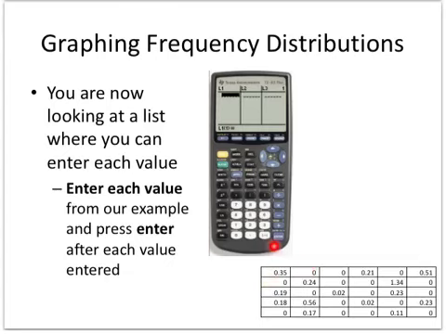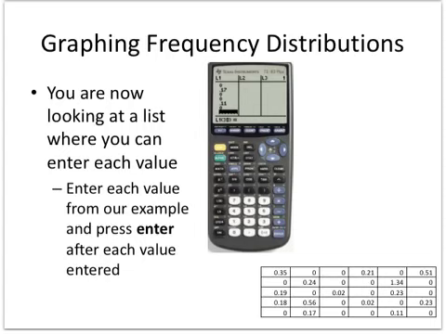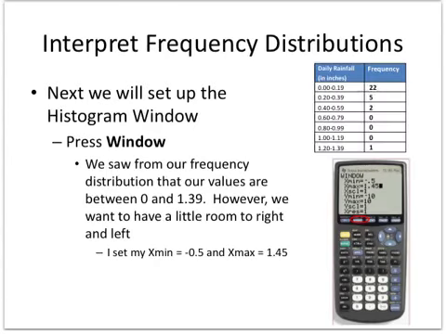I enter 0, press enter, 0, press enter. Enter the zeros in there as well. When you get to the very last value, notice that this is my 0.11 and 0. Press enter after the last value. Then press window, which sets my screen so I can see my data.